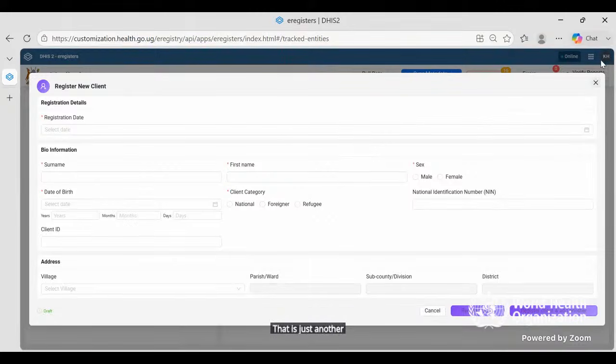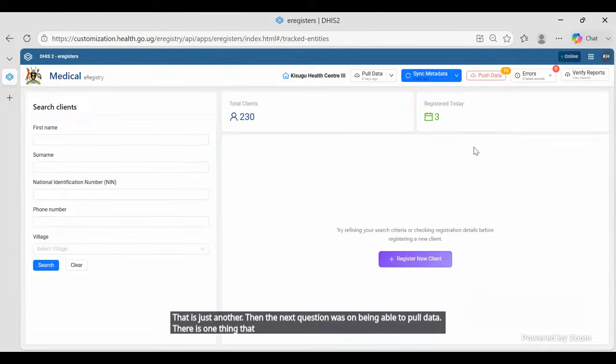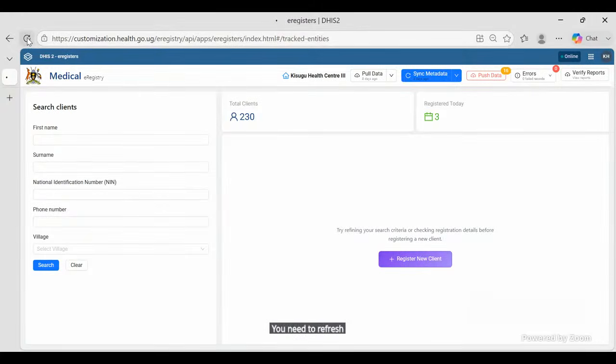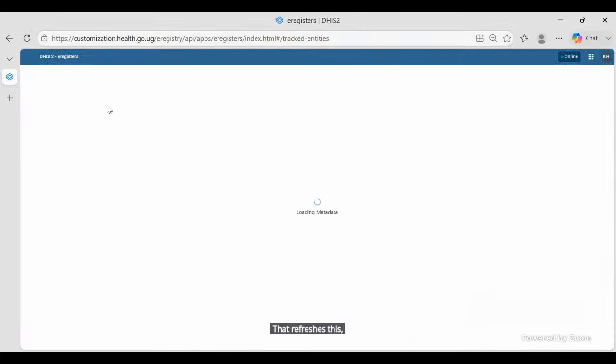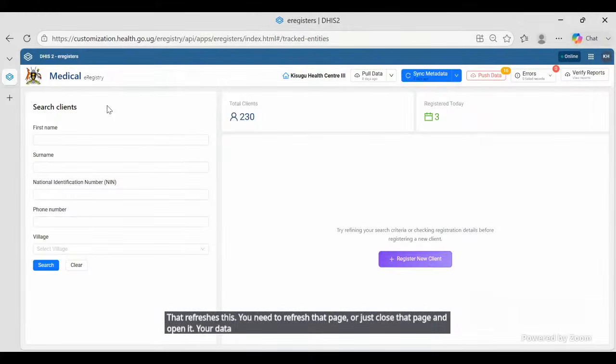Then the next question was on being able to pull data. There is one thing that we have also noticed: if the page is open for some time, you need to refresh. You need to refresh the page or just close the page and open it. Your data is not going to be lost. And then you'll be able to click the pull button.